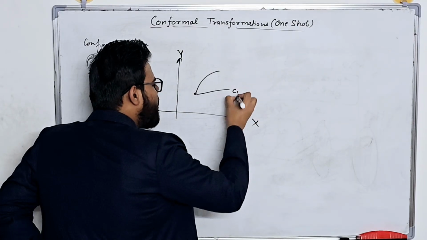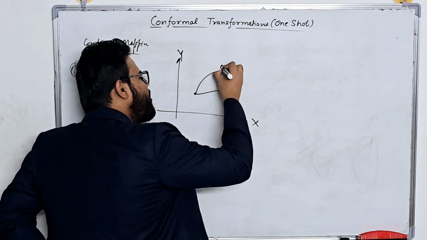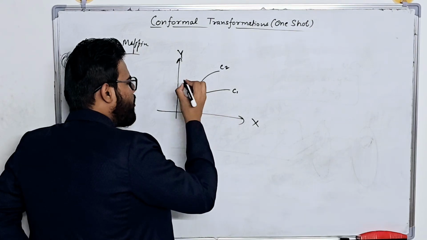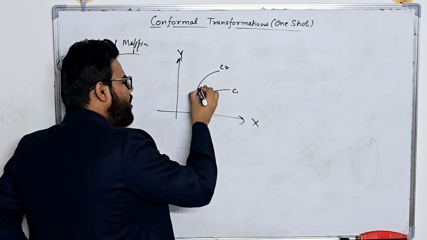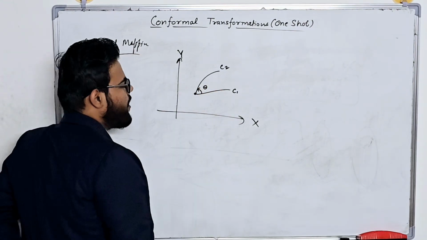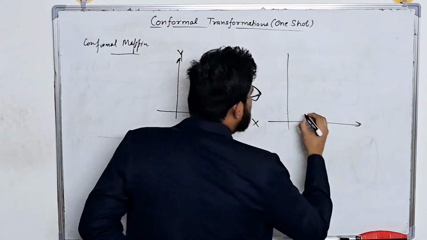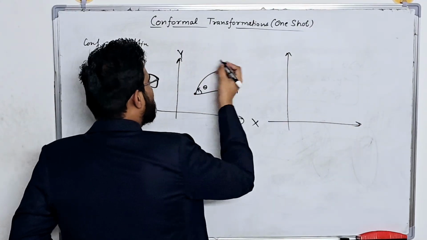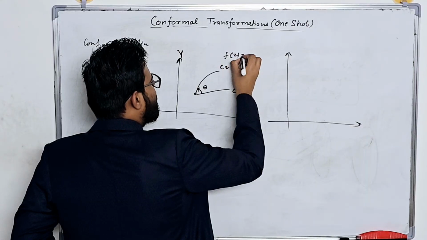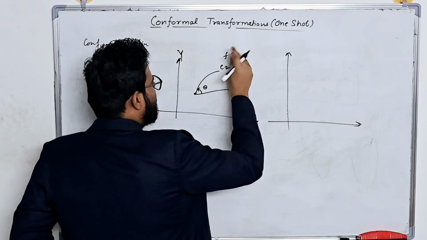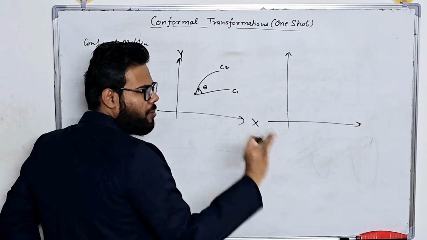Suppose this is C1, curve 1, and this is curve 2, right? And there is an angle in the anti-clockwise direction as theta, right? Okay. And suppose corresponding to these curves, this is equal to f of z is equal to some value, okay? So whatever it may be.